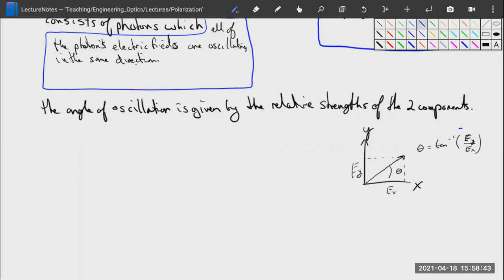We can also get circularly polarized light and elliptically polarized light.